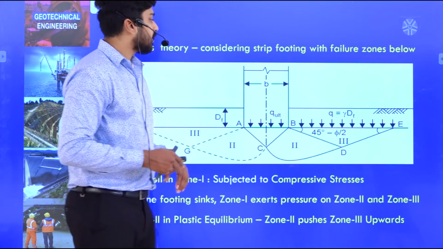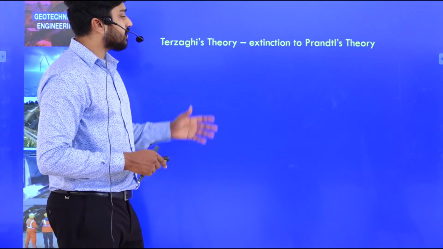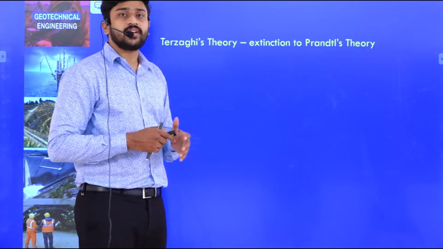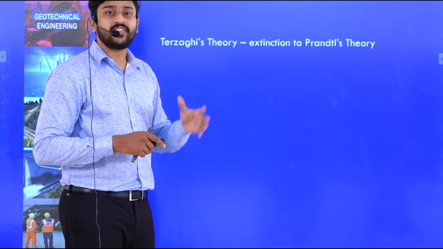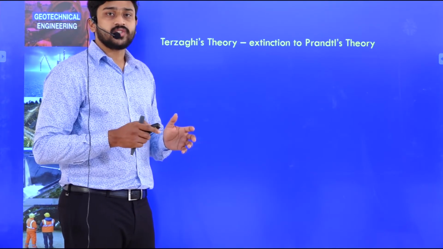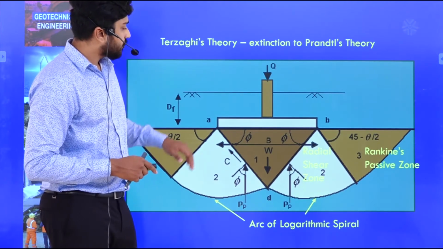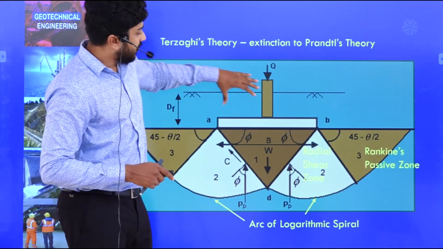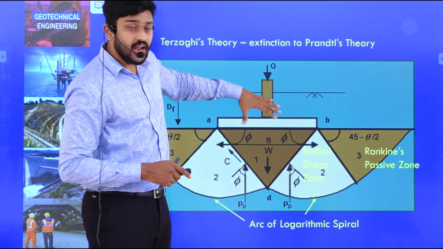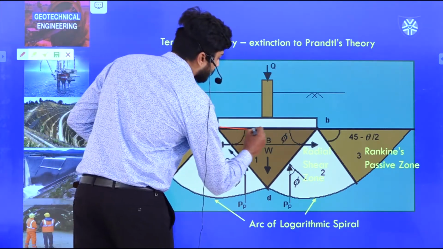Now Terzaghi considered the extension of Prandtl's theory. That means he considered the failure under the strip footing as shear zones. He considered a similar diagram, where this is the foundation, and below the foundation this is one particular wedge.